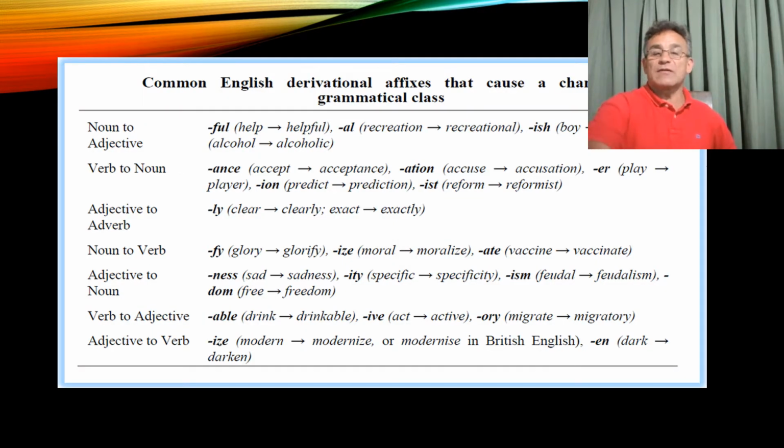We are going to establish a difference on those derivational affixes that cause a change in grammatical classes, such as noun to adjective, ful, helpful, al, recreation, recreational; verb to noun, ance, accept, acceptance; adjective to adverb, ly, clear, clearly; noun to verb, ify, glory, glorify; adjective to noun, ness, sad, sadness; verb to adjective, able, drink, drinkable; adjective to verb, ize, modern, modernize.